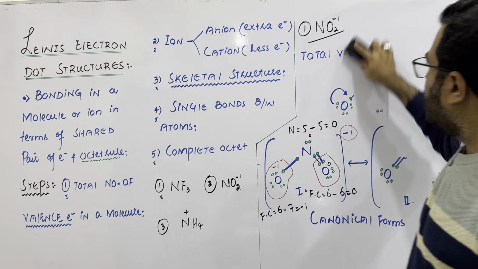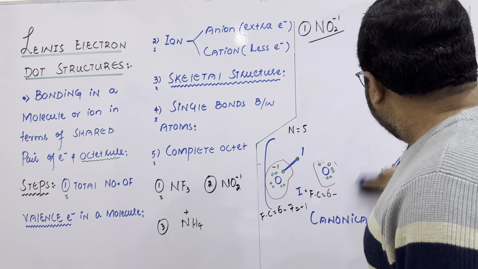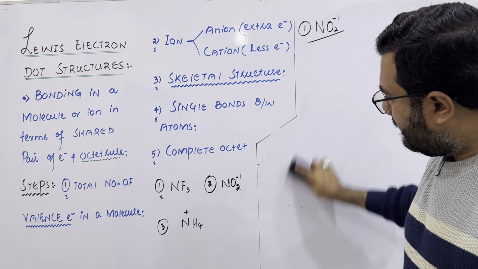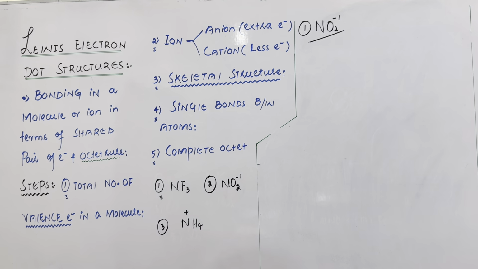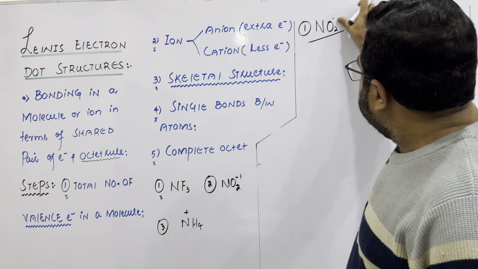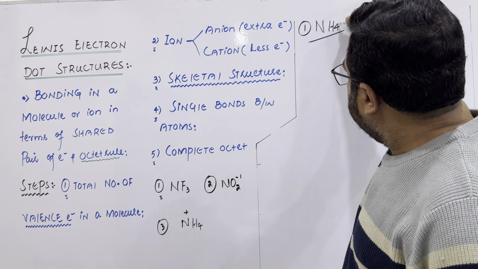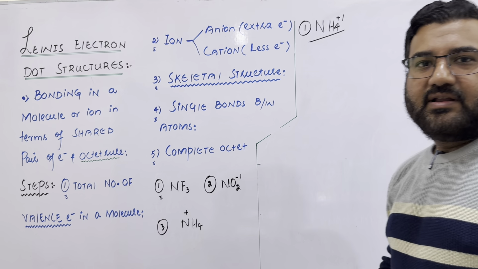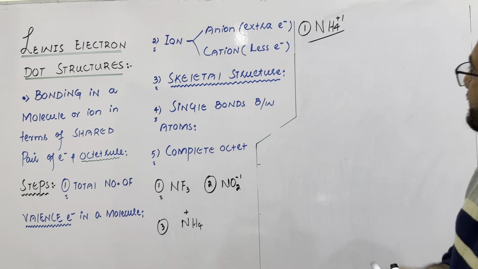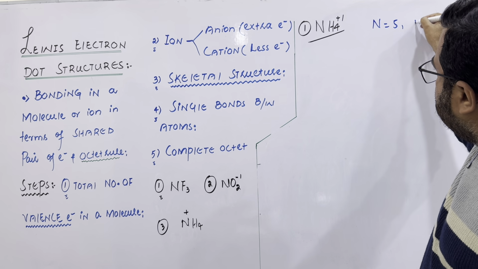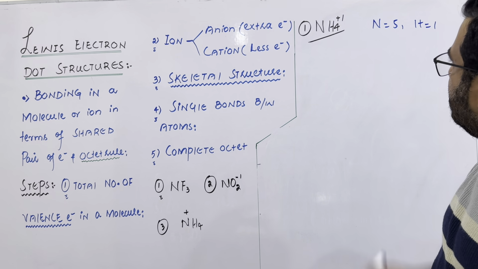Now let us look into the last example, which is a cation, NH4 plus 1. Again, nitrogen has 5 electrons, and hydrogen, a member of group 1, has 1 valence electron.